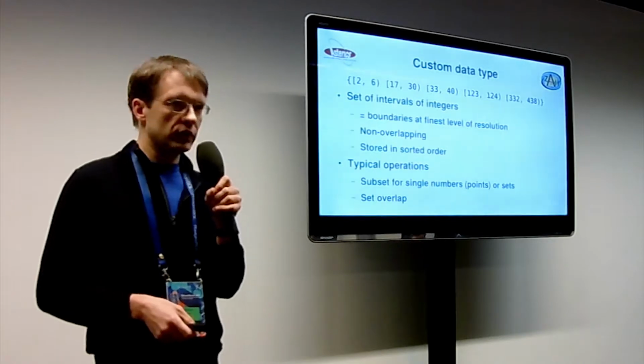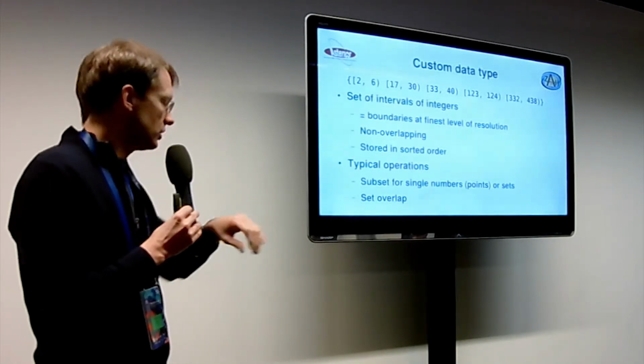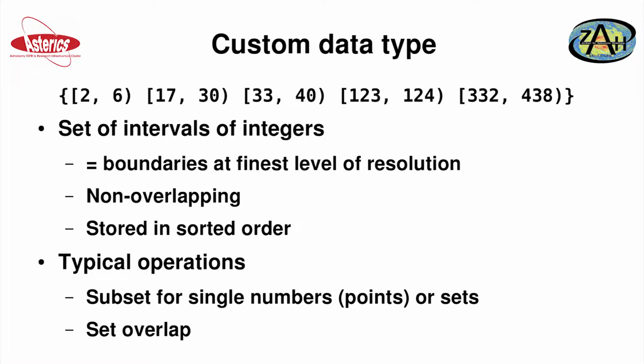Now I'm coming to the details of the implementation. Conceptually it's very easy. All these sky maps are represented by a very long, maybe sorted array, if you will, of half-open intervals. The difference is that we have intervals and not single points in the set.